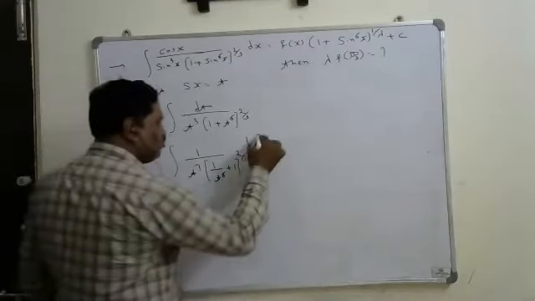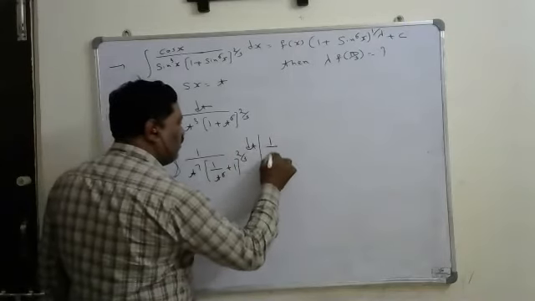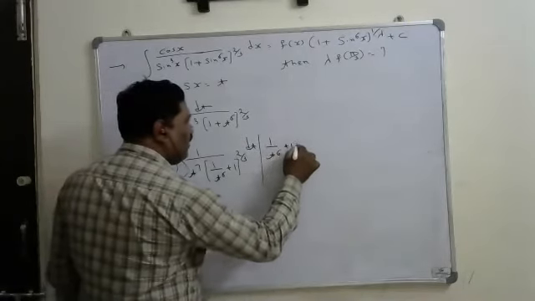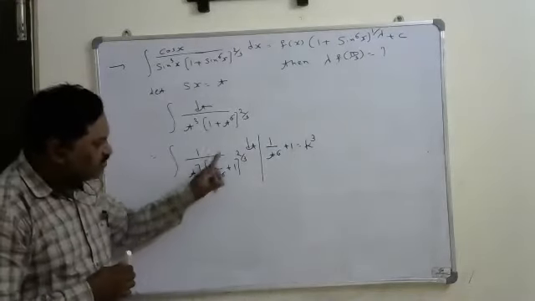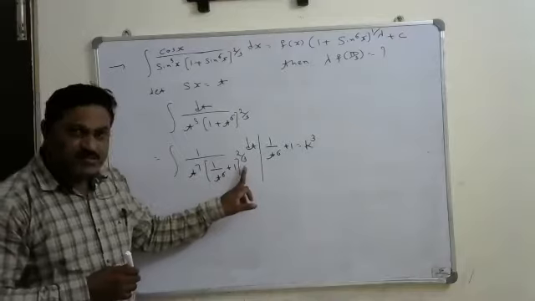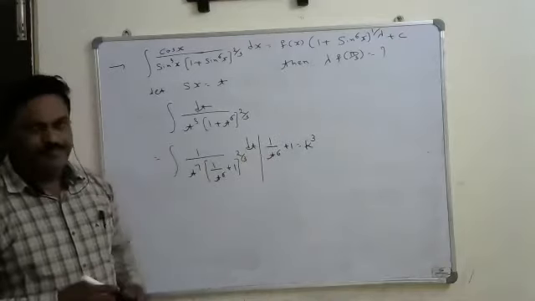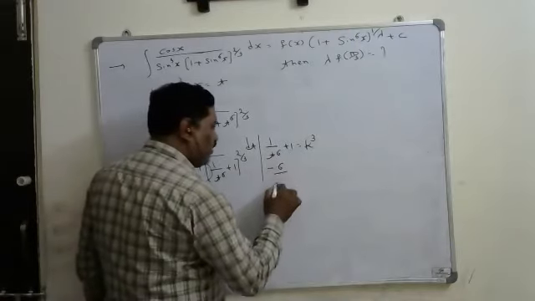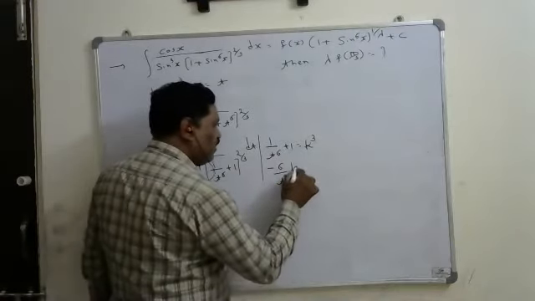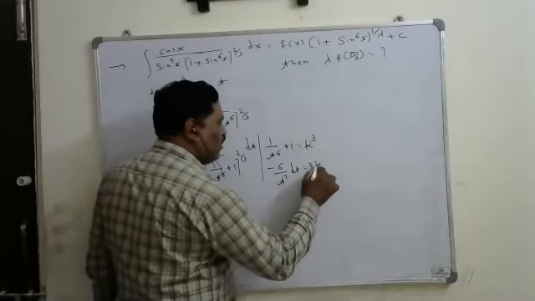That's why here I will take the substitution that 1 by t power 6 plus 1 equals k cube. I take another variable, k cube. Why? Because there 2 by 3 is there, so to eliminate this I take k cube. Now if I differentiate it, the derivative is minus 6 upon t power 7 dt equal to 3k square dk.